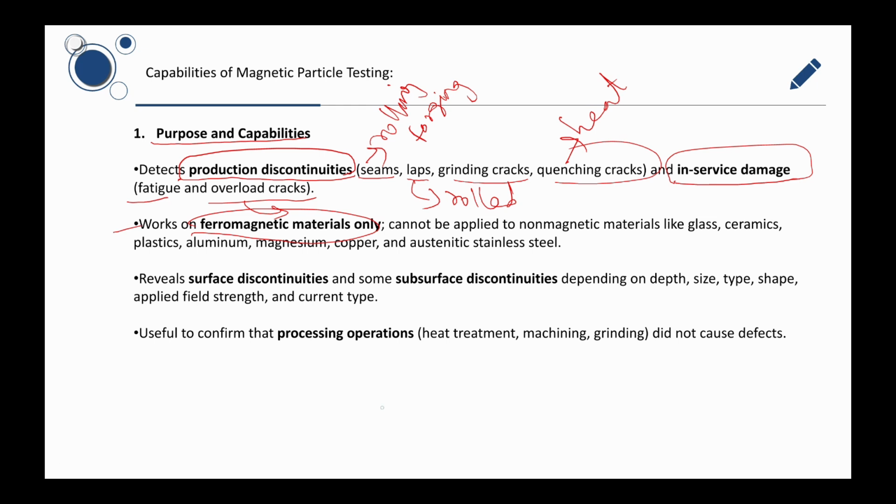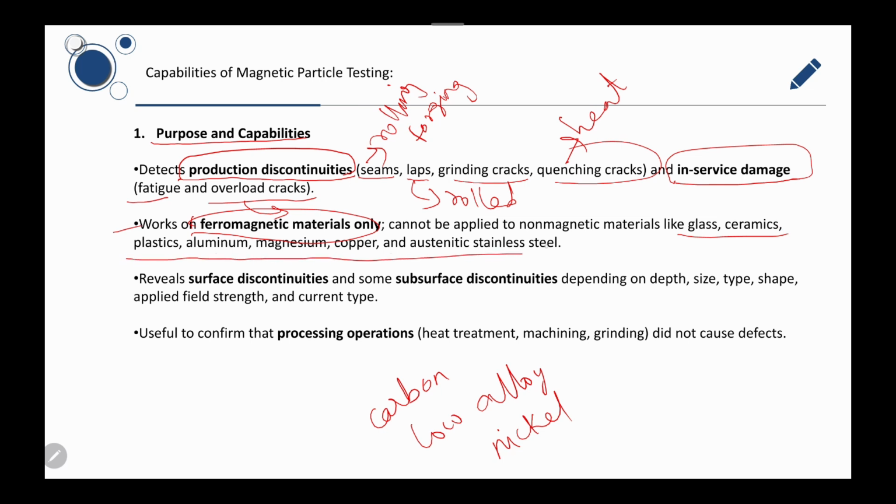Common examples are carbon steel, low alloy steel, nickel and cobalt. These are common ferromagnetic materials. It is not suitable for non-magnetic materials like glass, ceramics, plastics, aluminium and magnesium.